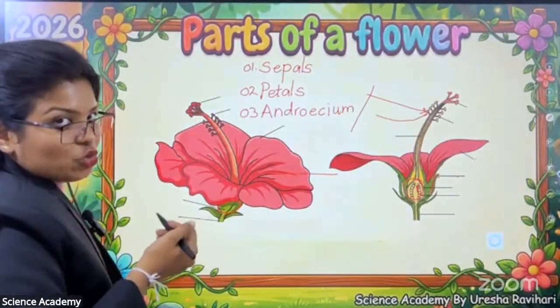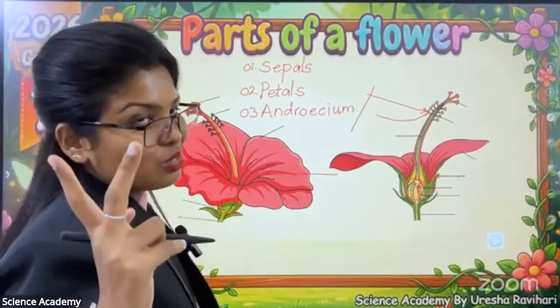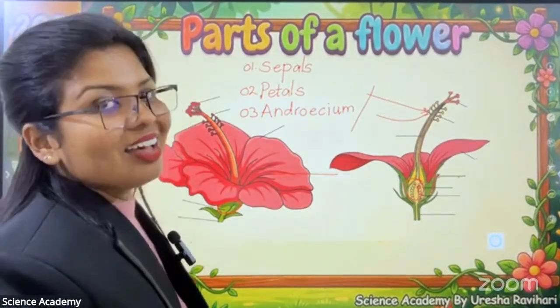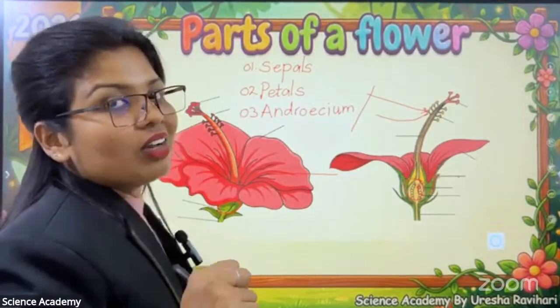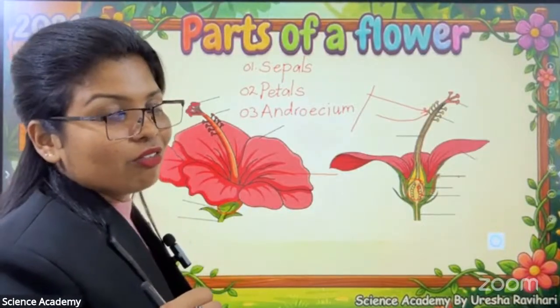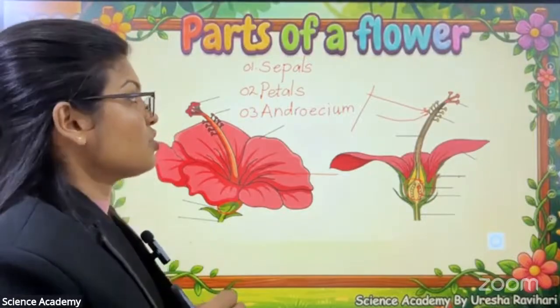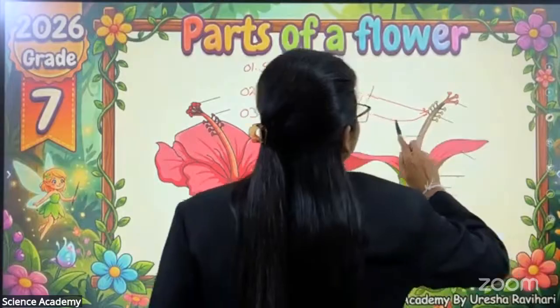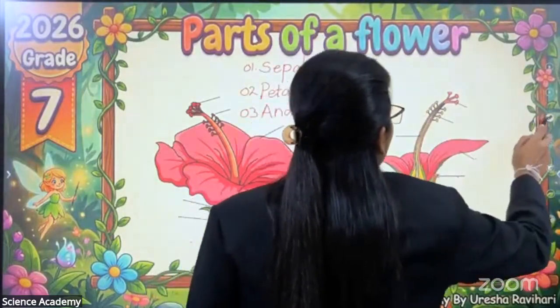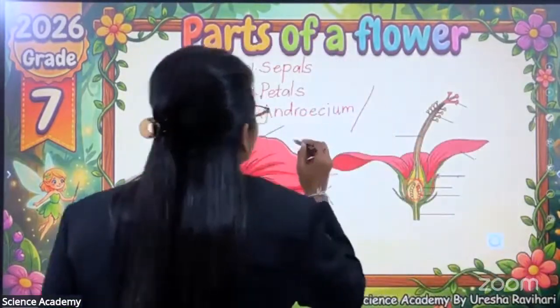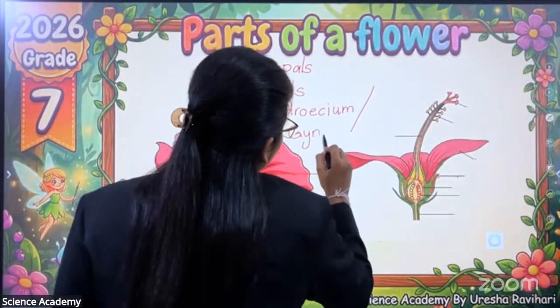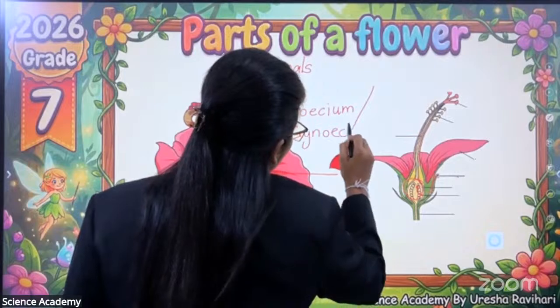Only in the shoe flower do we have both sexes. Some flowers have only one type of sex, so I'm writing androecium or gynaecium.